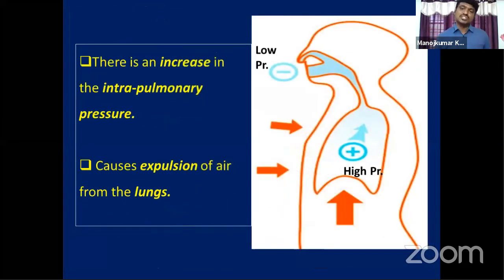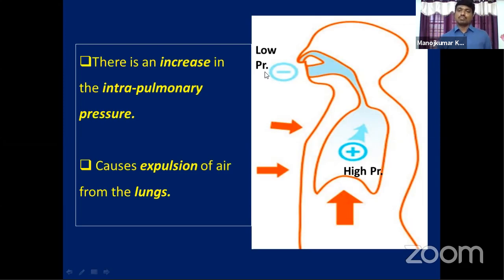So see here this picture. During expiration, what happens? Because of the decrease in the volume, there is an increase in the pressure. This positive symbol indicates a positive pressure, which means higher pressure. And outside the body, a negative symbol indicates negative pressure, that indicates lower pressure. So inside the lungs, higher pressure, that is positive pressure.